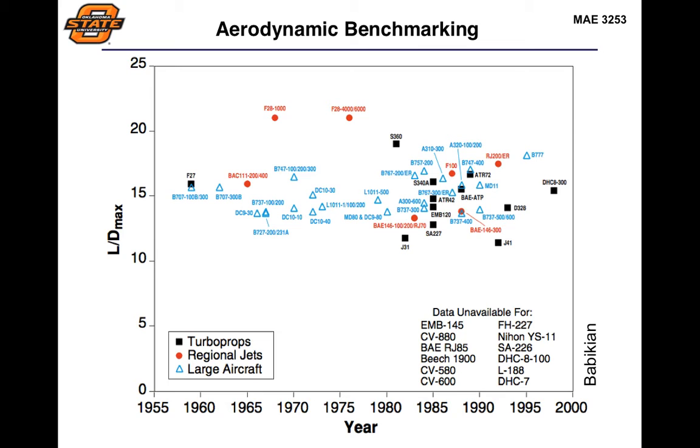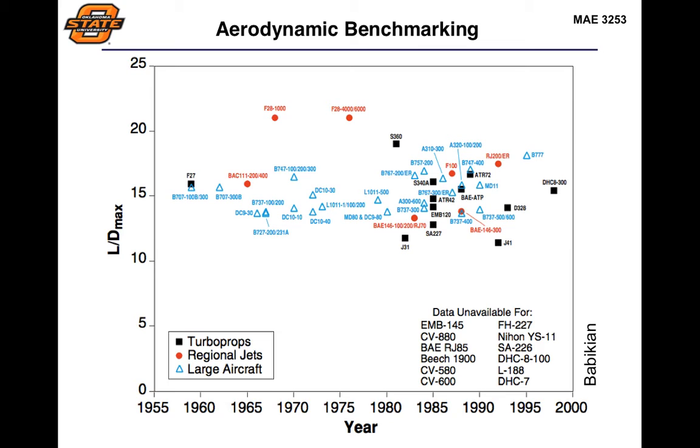Now, what I like about this is it does make sure that you differentiate the different types of aircraft. So that way we have to take into account that not all things are equal. We have to be careful when we're comparing apples to oranges so that we don't make wrong conclusions based upon our particular aircraft design.